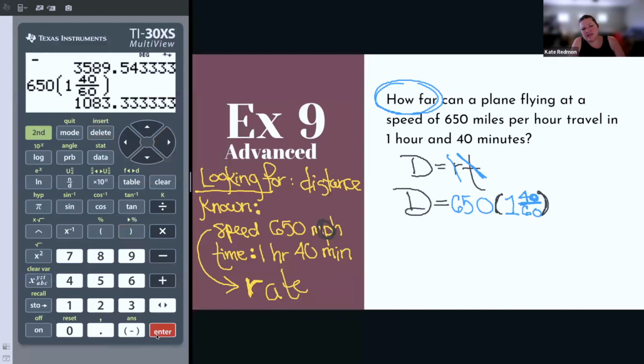And you can see it gave us an ugly decimal, and there's no clue here about what to round it to. If this happened on the GED and there were no rounding directions, it would simply be multiple choice. So 1,083 what? Well, we were looking for distance, and this was miles per hour. So again, we're going to see those matching units with the rate. The distance, 1,083, is going to be in miles.